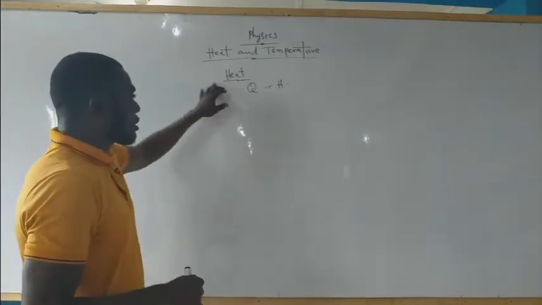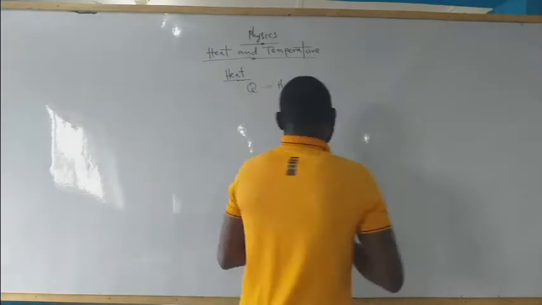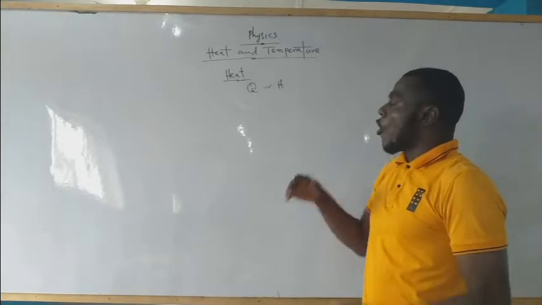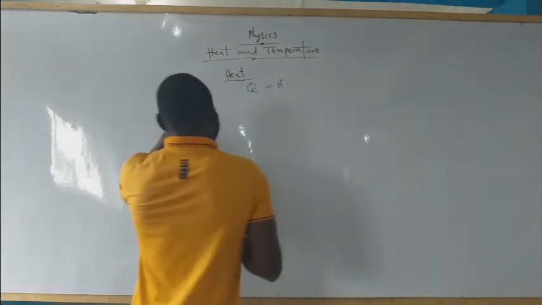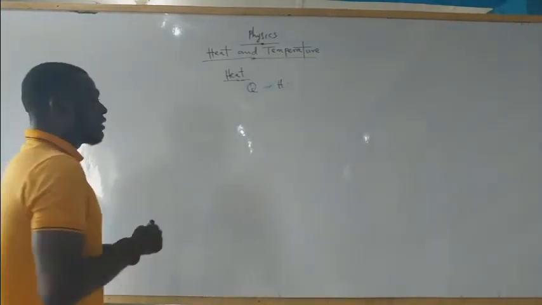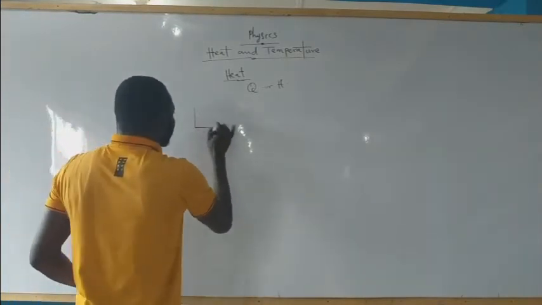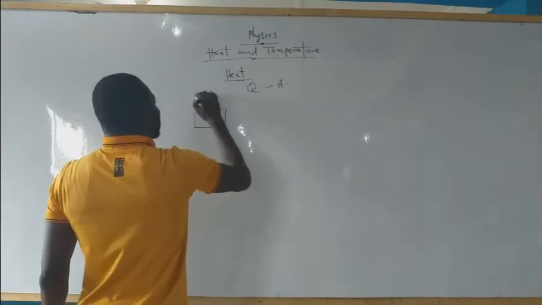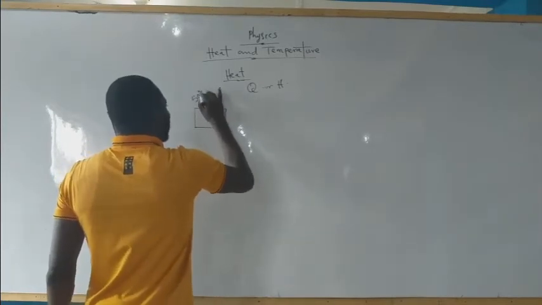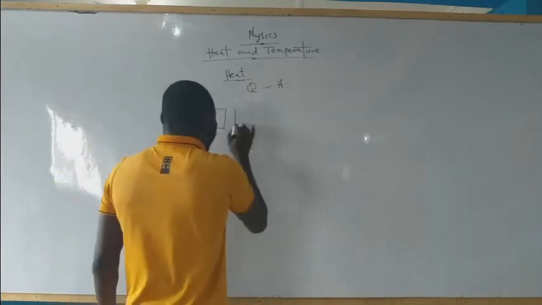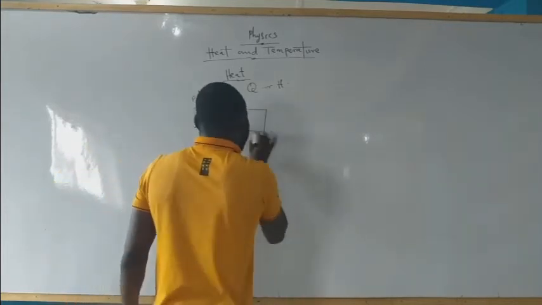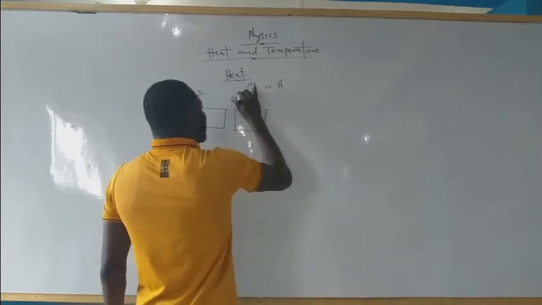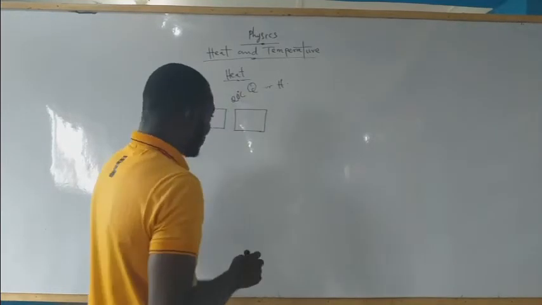When you talk about heat, you talk about energy difference, or temperature difference. Let's say for instance that we have a substance at a temperature of 50 degrees Celsius, and we have another substance at 20 degrees Celsius.